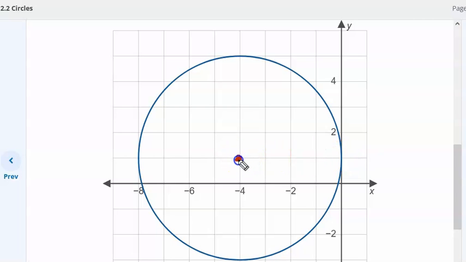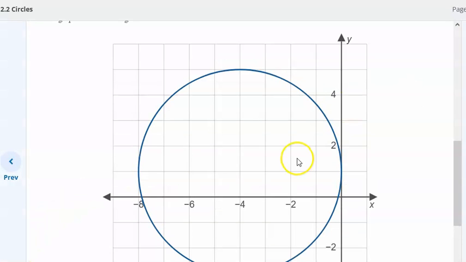So there's the center of the circle. There's the radius. And we've drawn our circle starting with the general form of the circle using completing the square. And this is quite challenging. And that will wind up this lesson.